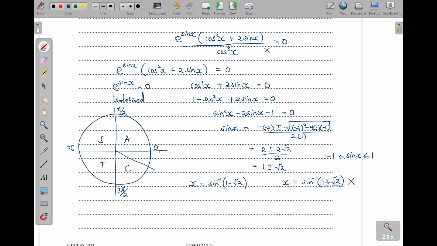If you move anti-clockwise, this is 2 pi. So if we put these angles here, this is, let's say, theta, theta, theta. So I'm moving to where sine is negative. It has to be here. I move like this up to here, and then I also move up to here.